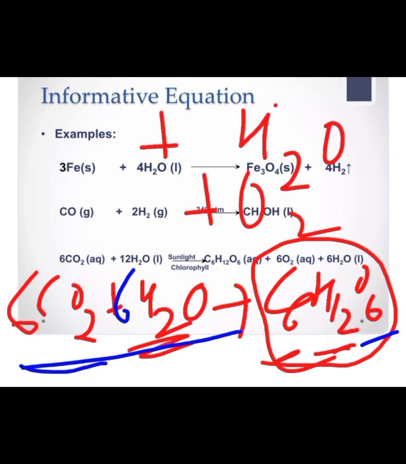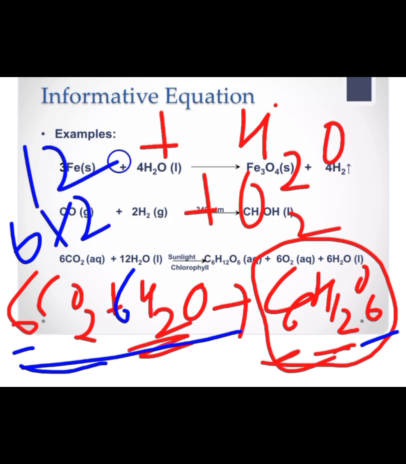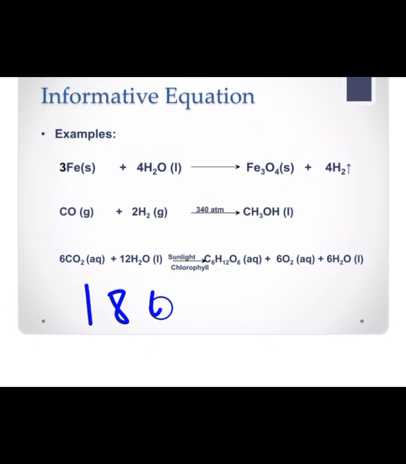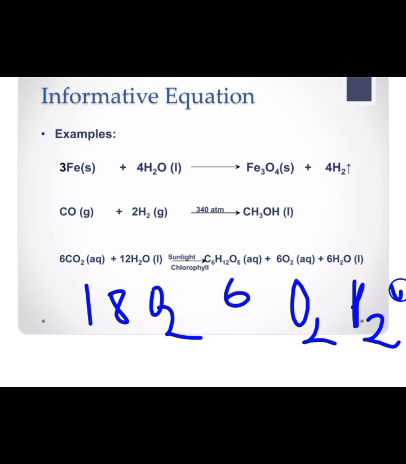So a total of 12 oxygen atoms in carbon dioxide and 6 oxygen atoms in water molecules, so a total of 18 oxygen atoms are there. 6 oxygen atoms are present in glucose, and the rest in O2 and H2O.